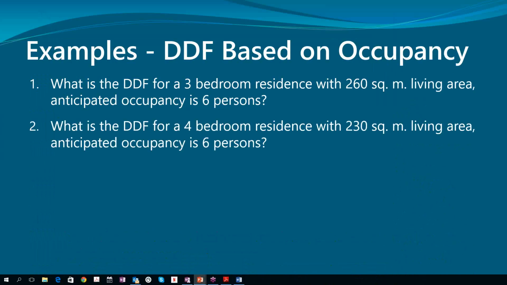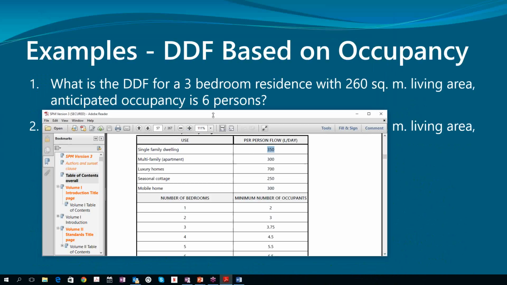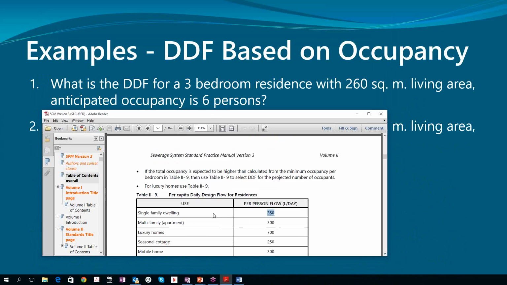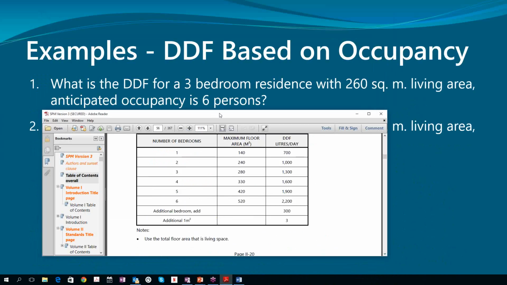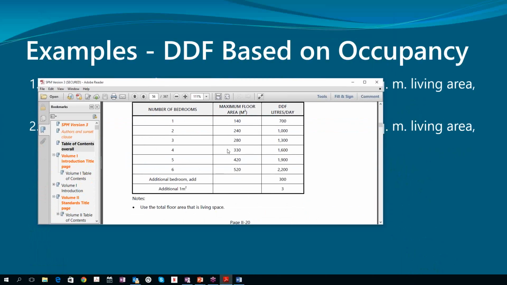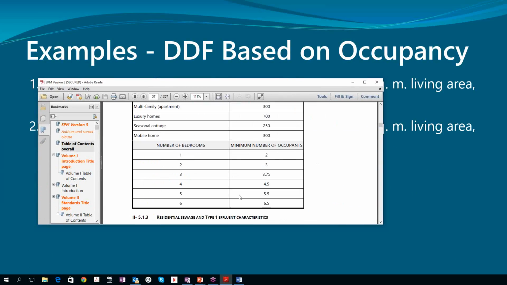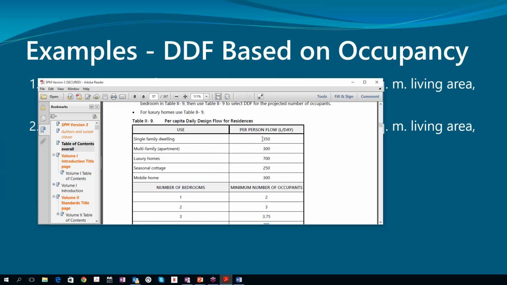Next question. 4 bedrooms, 6 persons. By the way, the living area was okay, right? The living area was 230, which is less than that. And the occupancy is still the same. 4-bedroom house, 6 is more than 4.5, so it's 6 times 350, which is the same as the last question.